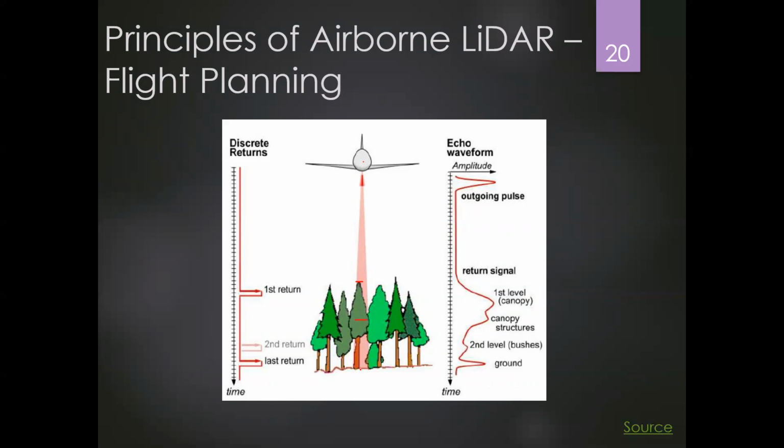And some of it, if there are 3 returns, the last part of the energy will be reflected by the surface of the ground, the earth, right? So here, part of the energy was reflected by the top. It will return to the sensor first, and then the second return was reflected by the middle of the canopy.